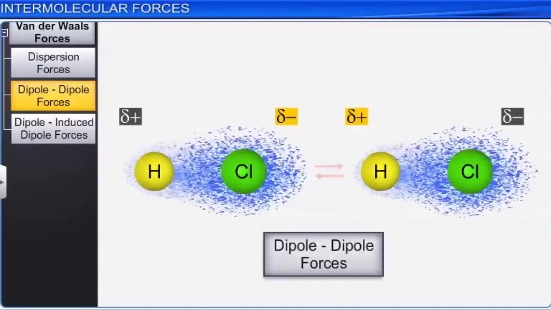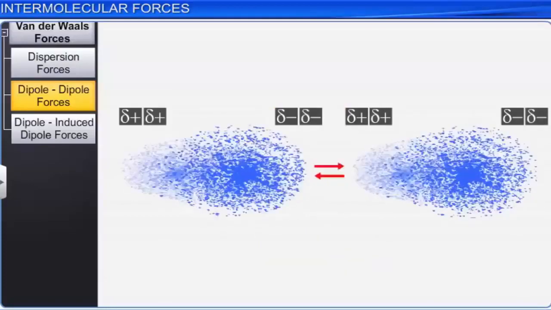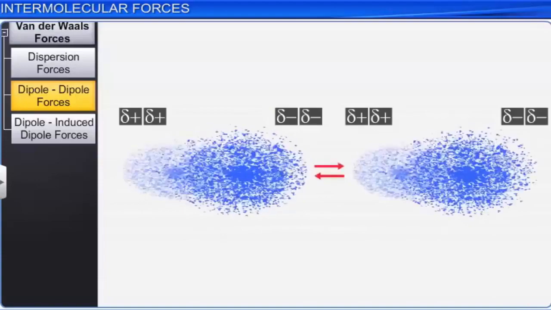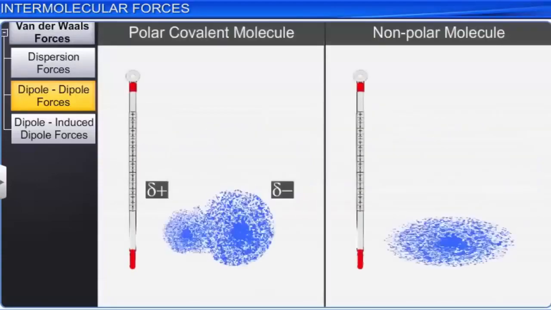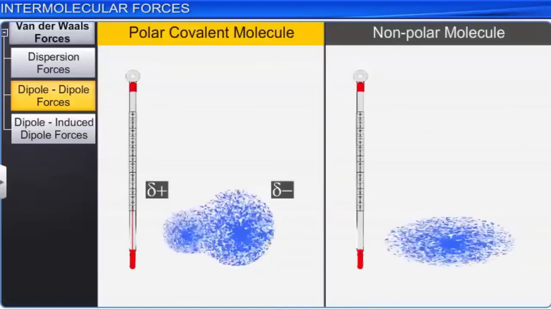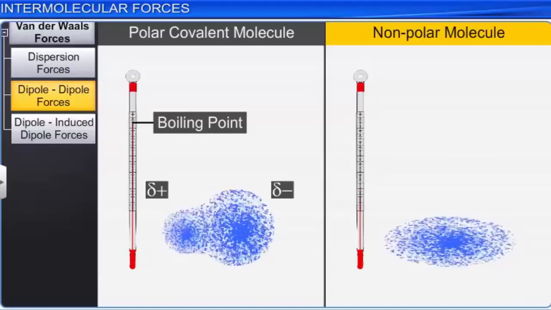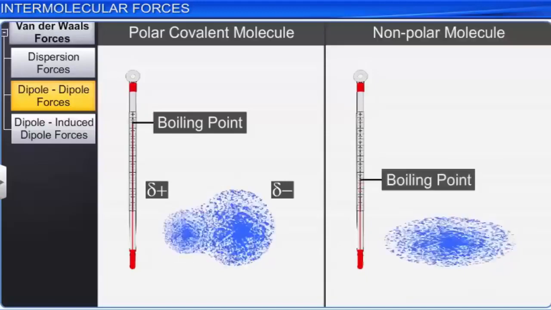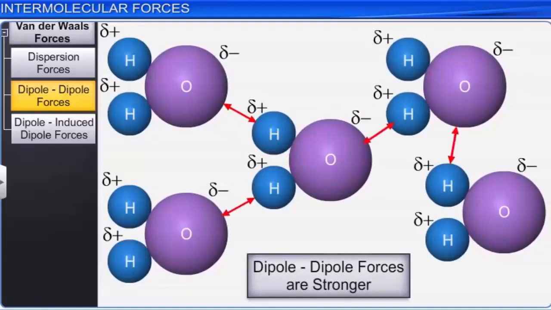The more polar the molecule, the greater is the strength of its dipole-dipole interaction. Due to this, the boiling point of polar covalent compounds is relatively higher than that of non-polar covalent compounds. Dipole-dipole forces are stronger compared to the London forces.